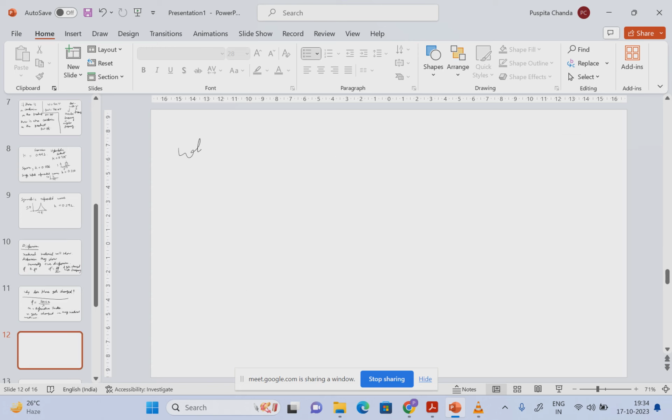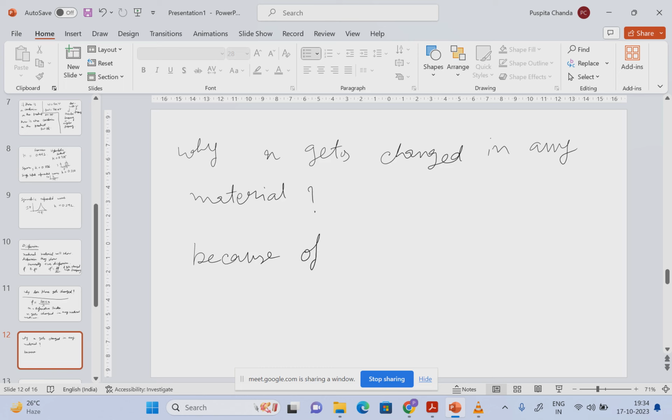And why does n get changed in any material? Because of nonlinear effect. In any medium, it happens.